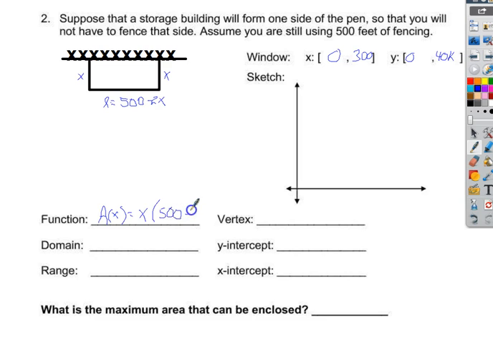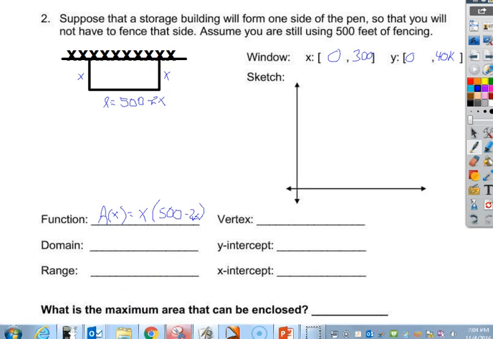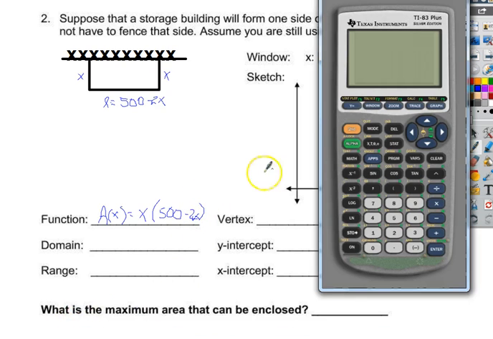We are going to enter that into our calculator, and we're going to change our window. With our calculator on, there was our old graph. We're not changing that much. It's just a variation of the problem, so I'm not going to reset the calculator.